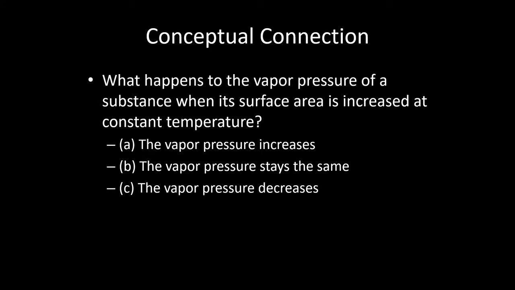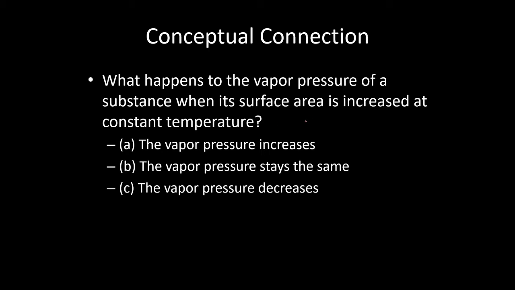So this leads us to a question here. What happens to the vapor pressure of a substance when its surface area is increased at constant temperature? And I'm going to add one extra thing here. This is covered, I guess you can say. Like the gas that's in our system here can't escape.